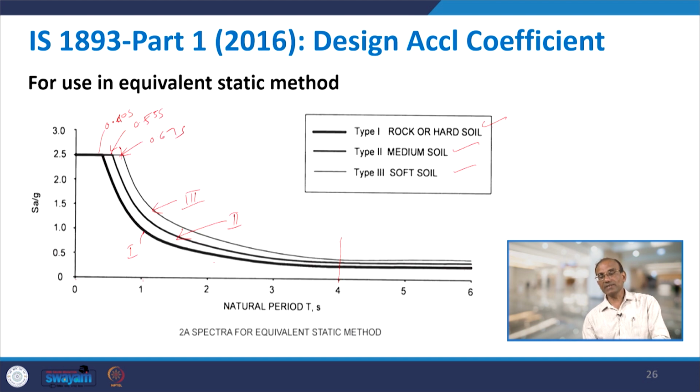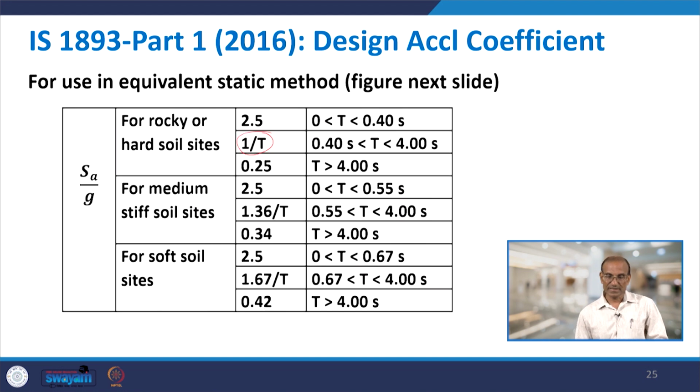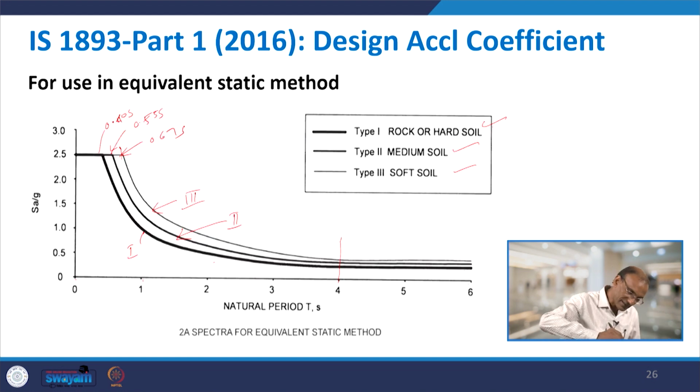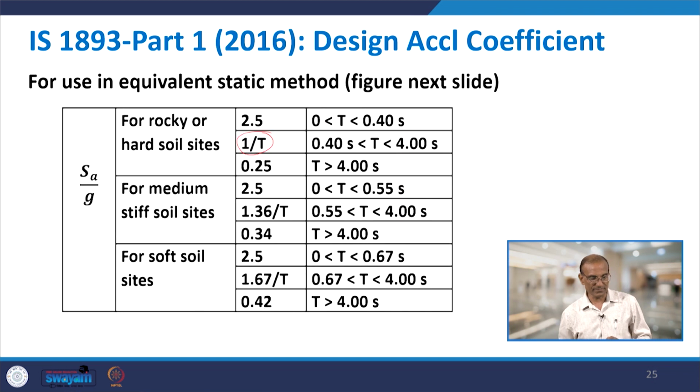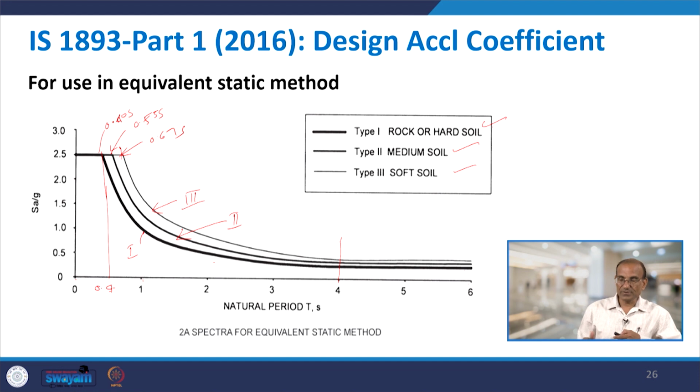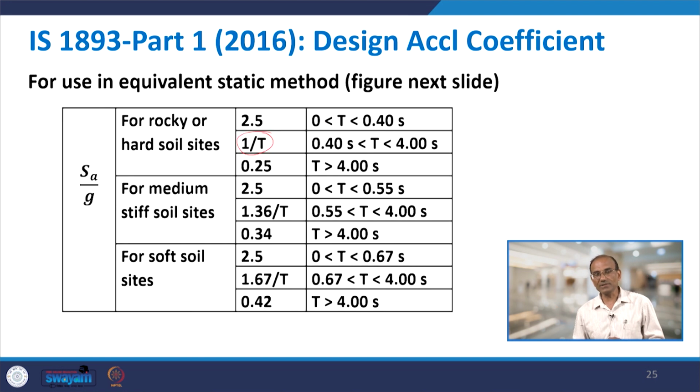For less than 0.4 second, irrespective of your type of soil, the value of SA by G is constant, which is 2.5, okay. And then after this it depends on your type of soil. If you have weak soil you will get a higher value of SA by G; for rock or hard soil you will get a lower value.